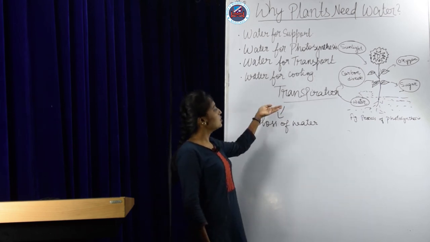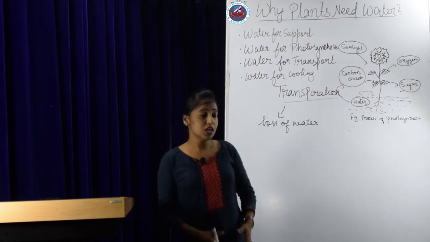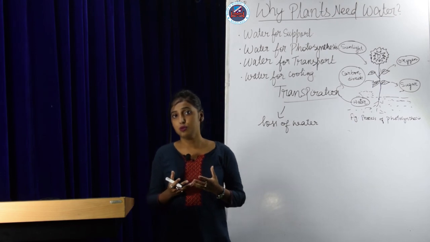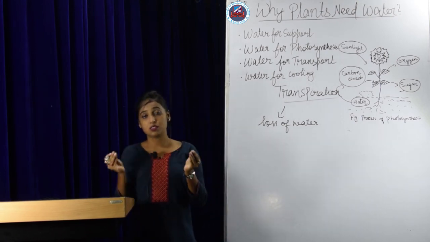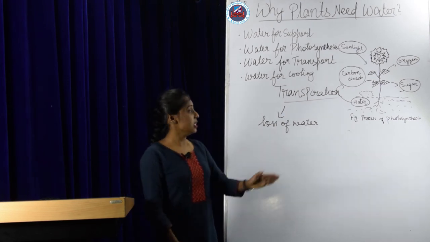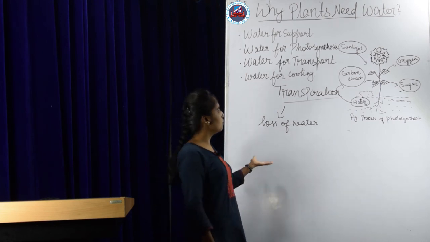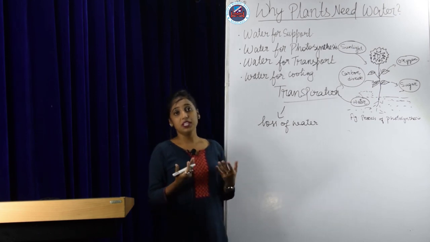If this process does not take place, if the plants do not cool themselves, what will happen? The leaves will not be able to open the tiny pores which are known as the stomata. The opening and the closure of the stomata will be stopped. The leaf will stop working. If the temperature is very high, the leaf will stop working, and then the plant may die out.